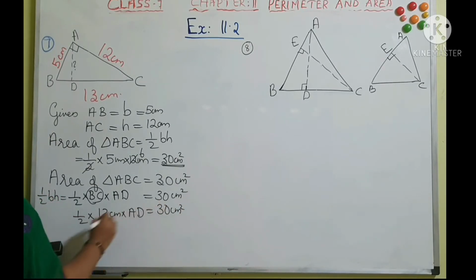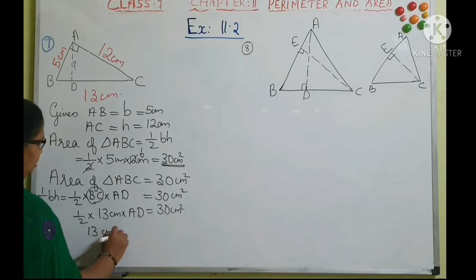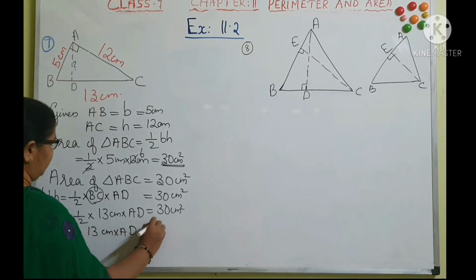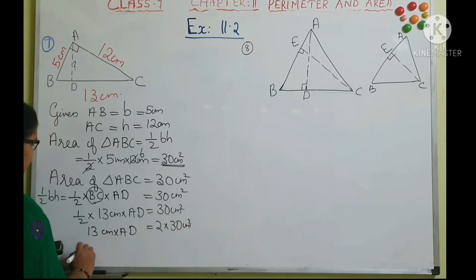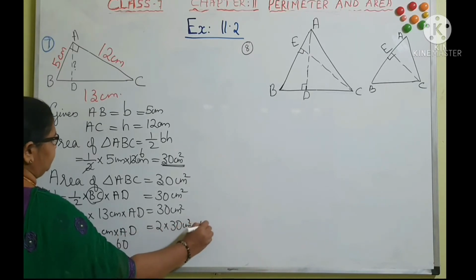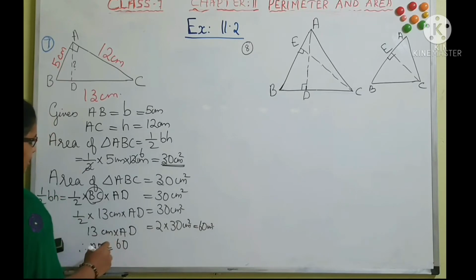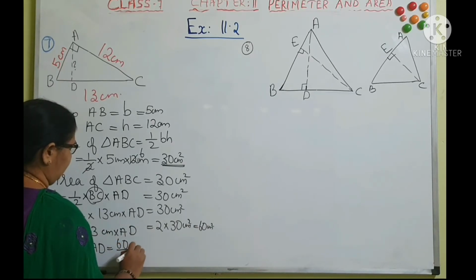Then take this 2 to that side, that is 13 centimeter into AD is equal to 2 into 30. Therefore, AD is equal to 2 into 30 is 60. And that is AD is equal to 60 divided by 13.